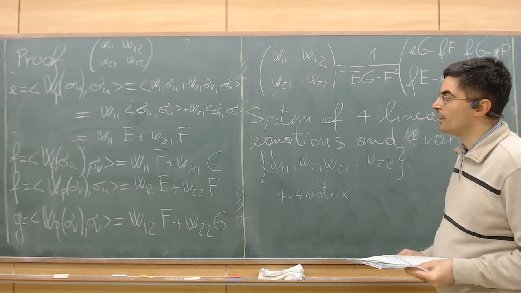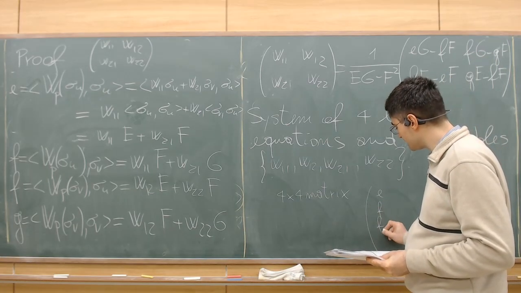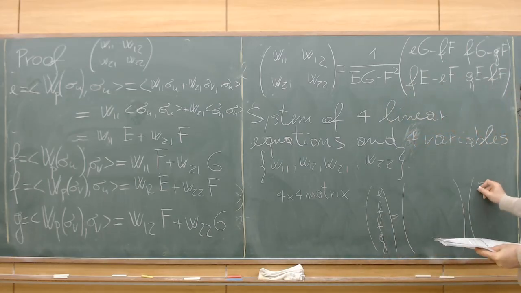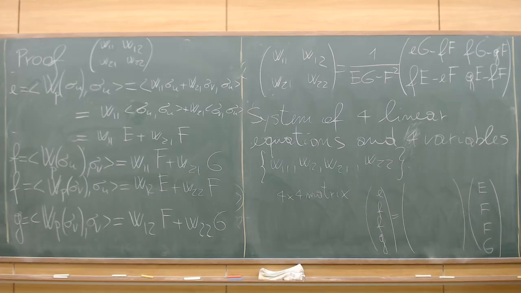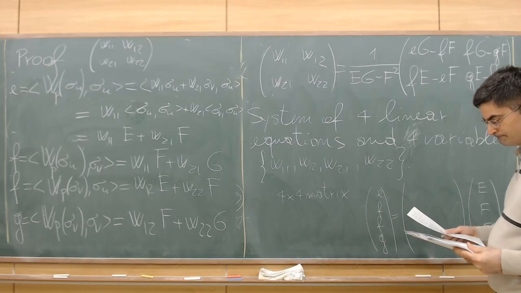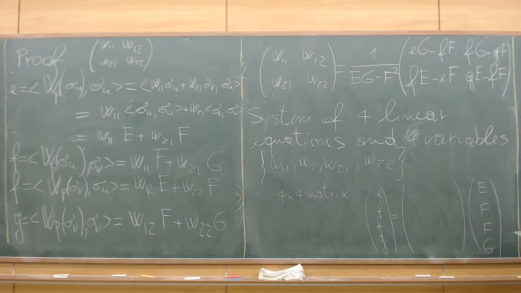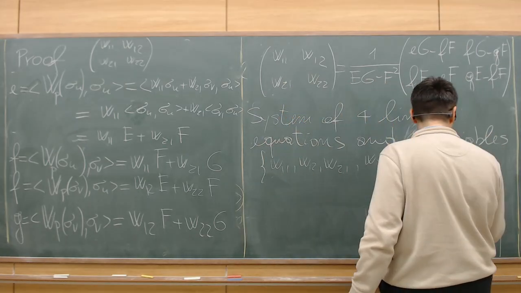I mean, you would like to write this as a matrix E, F, F, G equal to something times E, F, F, G, but we will use a trick.